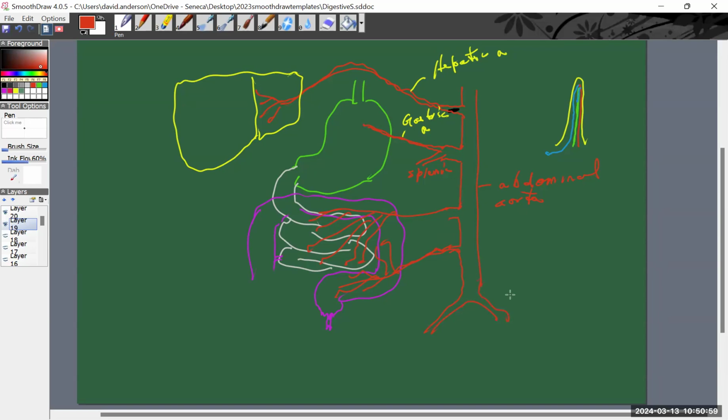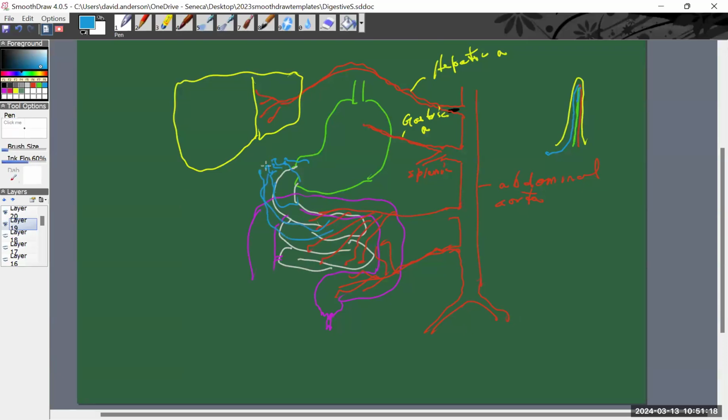So the idea that I'm showing you is here's our oxygen-rich blood. And coming off of the oxygen-rich blood, we're going to drain into veins that leave the stomach and leave, in particular, what we're interested in, what's leaving the small intestine.